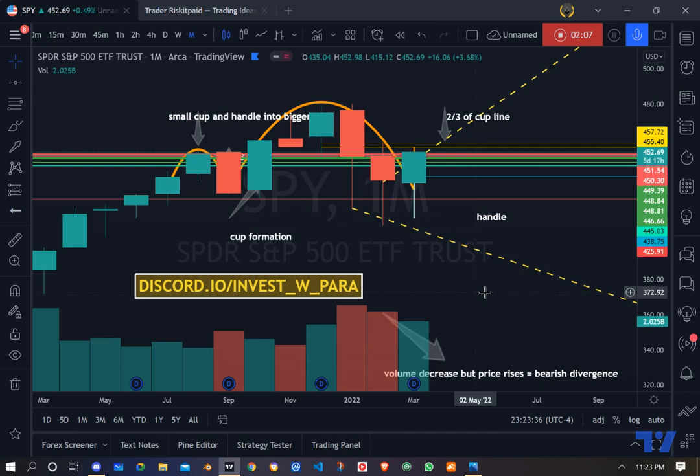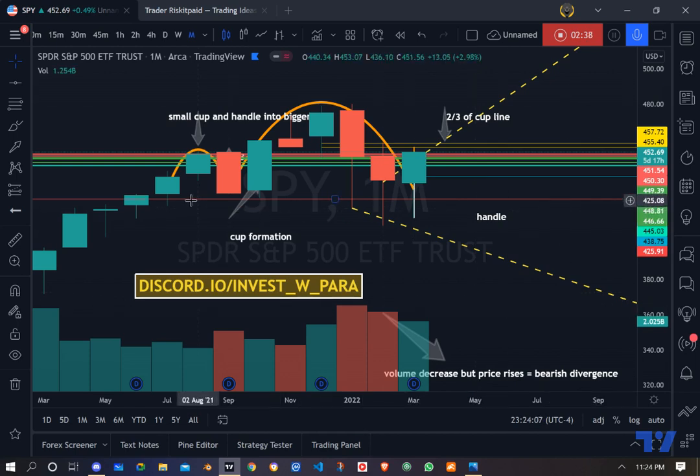Originally, that was my thought, until about 2 weeks ago, when I had another way of looking at it, and I figured that we were in an inverse cup and handle. Inverse being that it's flipped over, for those that are new to trading. And let's dive into these bars.